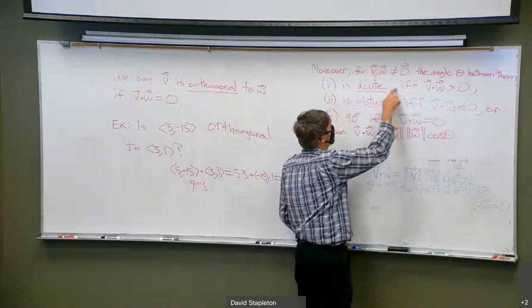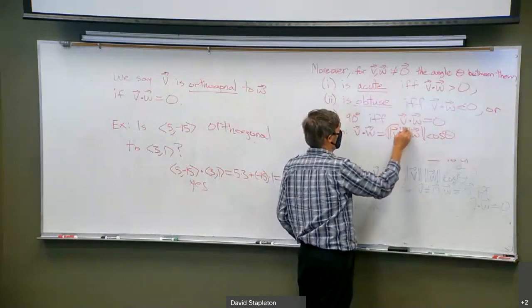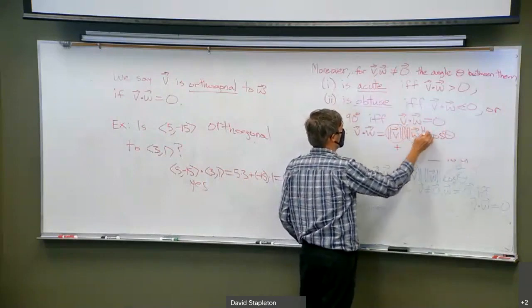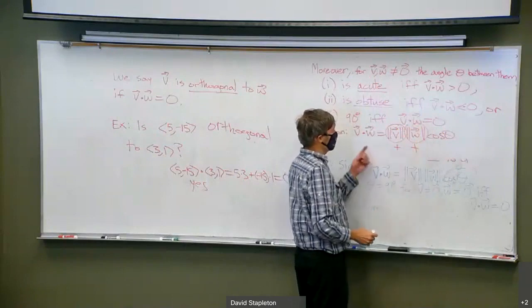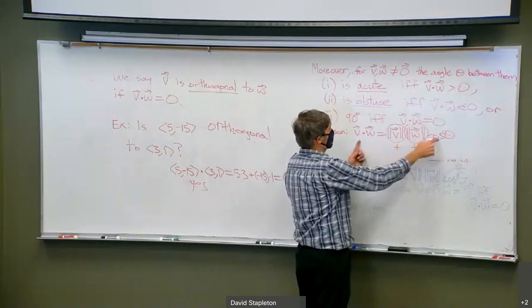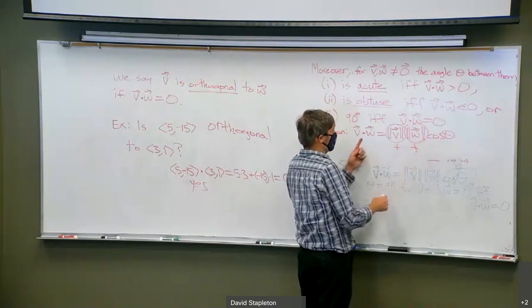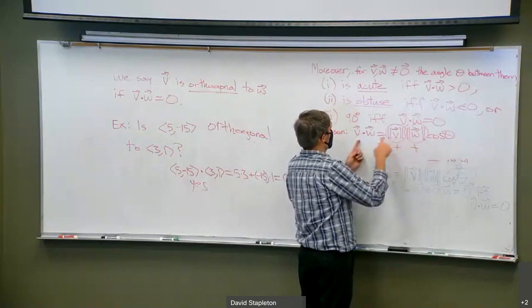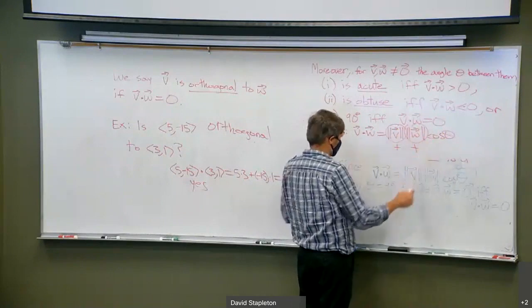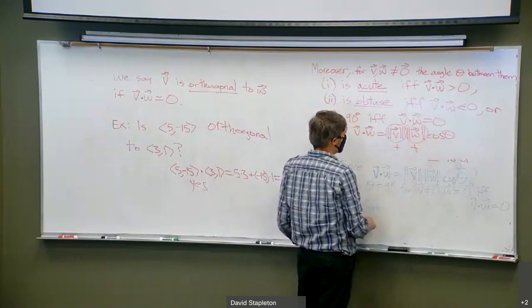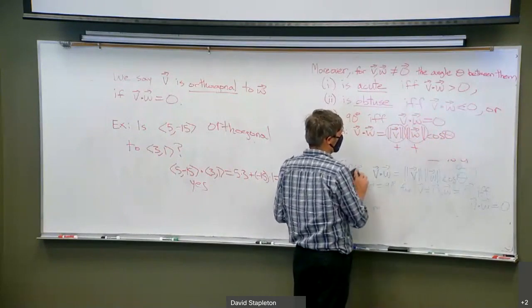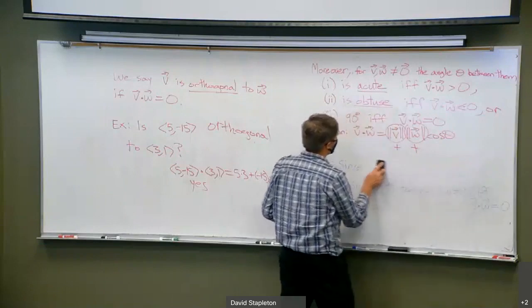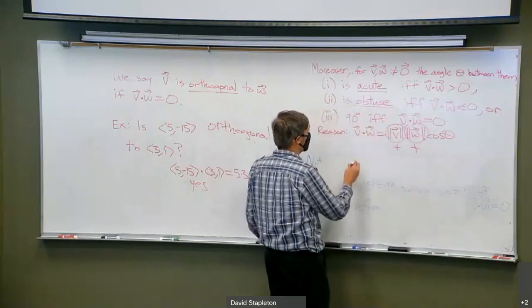But for non-zero vectors, the length can't be 0, so this is positive, and this is positive. It follows that this will be positive if cosine is positive. This will be negative if cosine is negative. This will be 0 if cosine is 0. But cosine is positive for acute angles, right? Between 0 and 90.